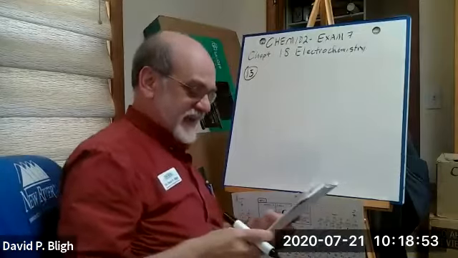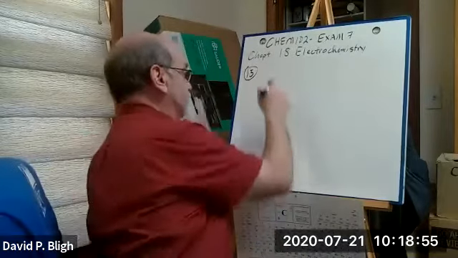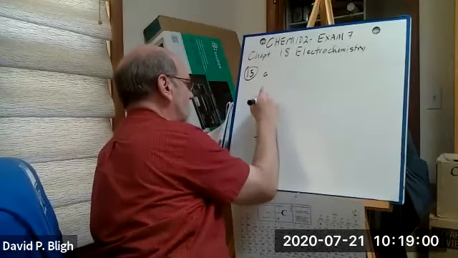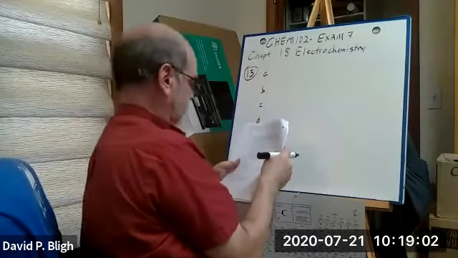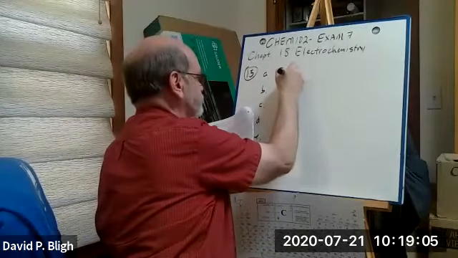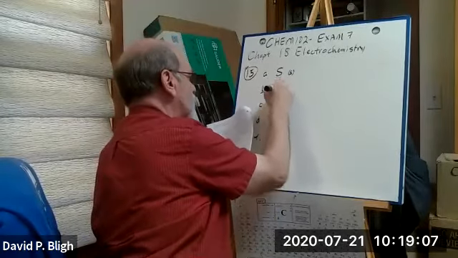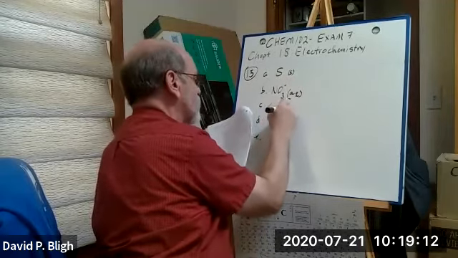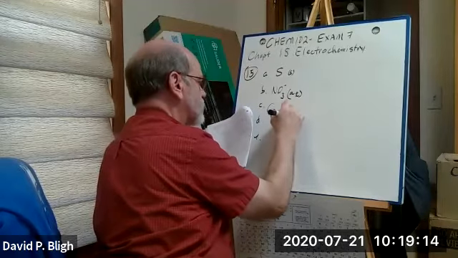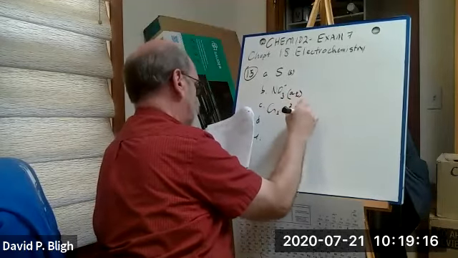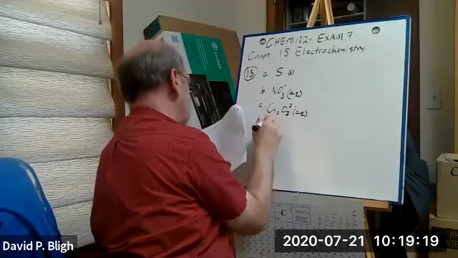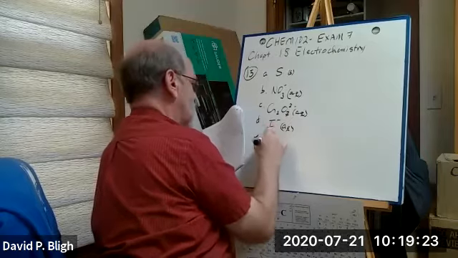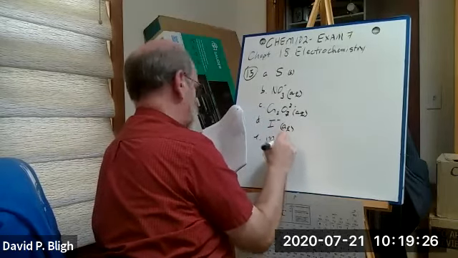Which of the following species cannot function as an oxidizing agent? So let's write our choices up here. Okay, dichromate, 7. And D is iodine, iodide, okay? And manganate.